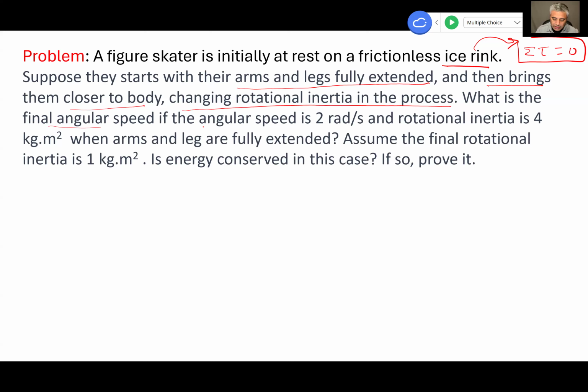So what is the final angular speed, if the initial angular speed is 2 radians per second? So this is initial.